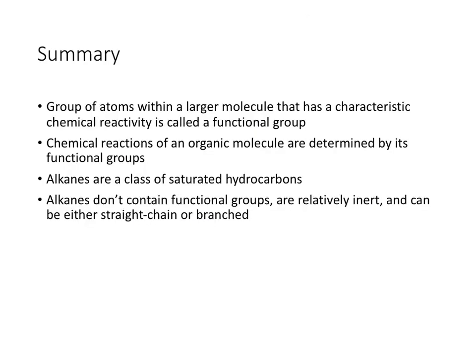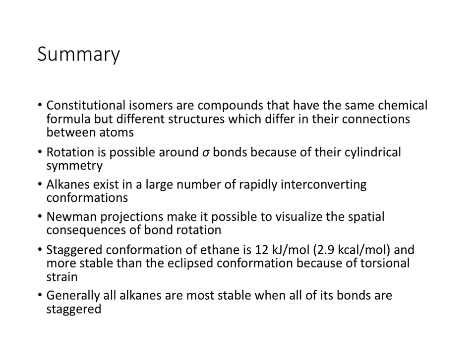In summary, in Chapter 3, we learned about functional groups. We talked about alkanes being a class of saturated hydrocarbons, meaning they just have single carbon-carbon bonds. They're relatively unreactive. And constitutional isomers are compounds that have the same formula but different structures because their atoms are connected differently.